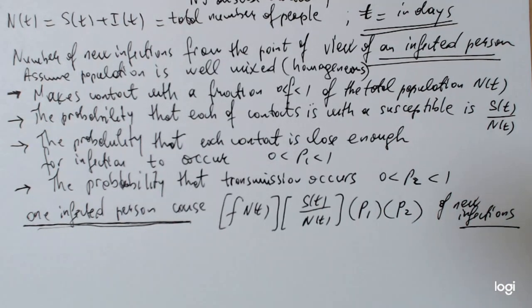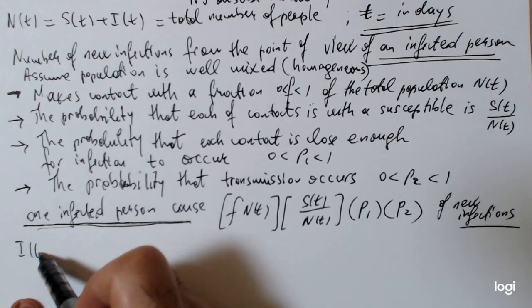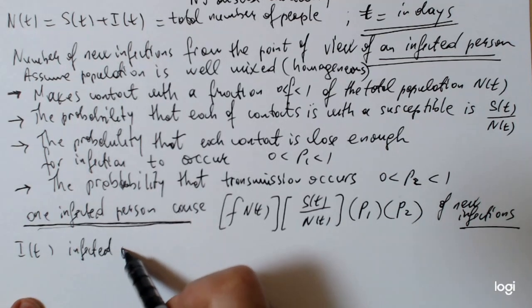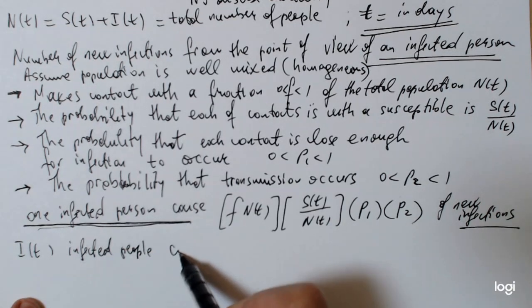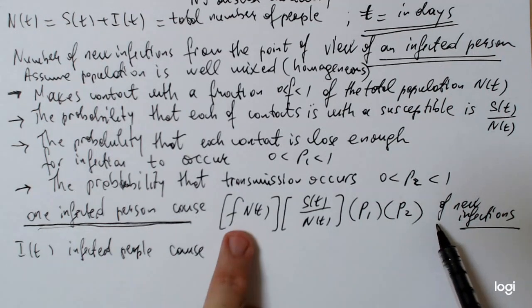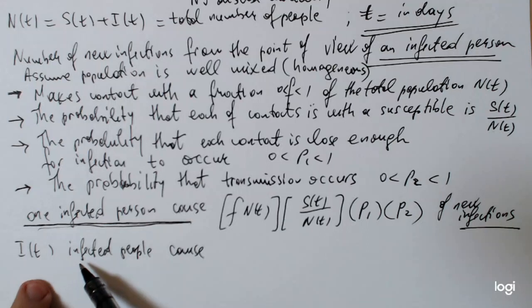Now, how many infected people are in the population? Well, there are I of t of them. So I of t infected people will then cause that many new infections, which corresponds to one individual, times I of t.